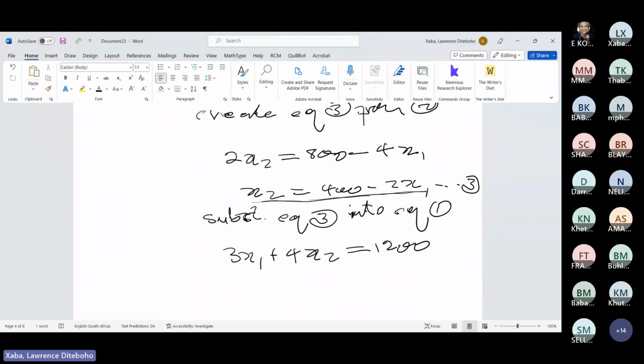So where we see x2, we can put this right-hand side.